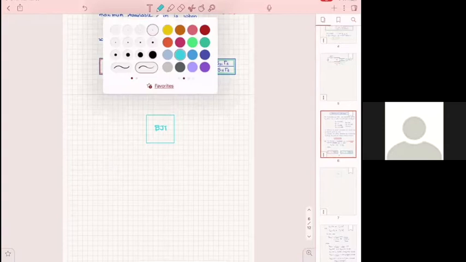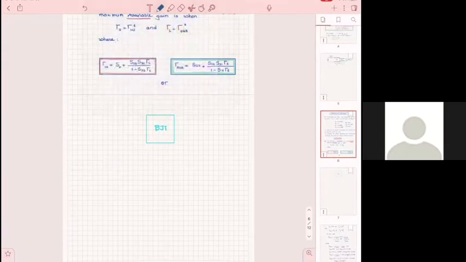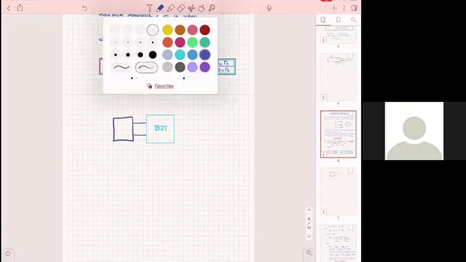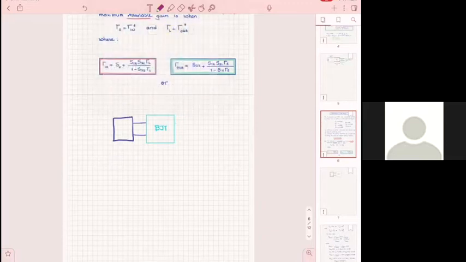And then on the front end, this is connected to an input matching network, and then the output end is connected to an output matching network.